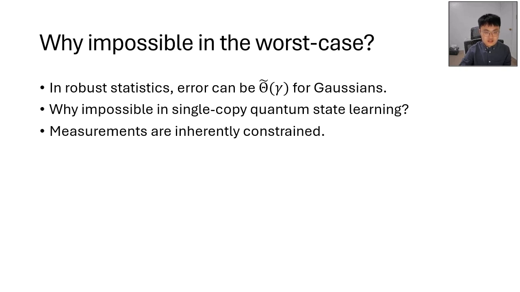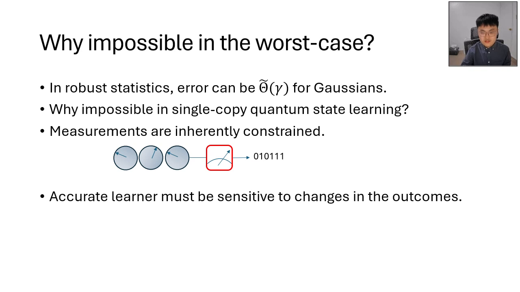The high level reason is that measurements themselves are inherently constrained. Recall from our previous description, when we apply a measurement, we only receive partial classical information about the state. So this means that if your algorithm wants to learn the state accurately, it must be sensitive to changes in the outcomes. Having a large sensitivity would often imply your algorithm would be less robust.